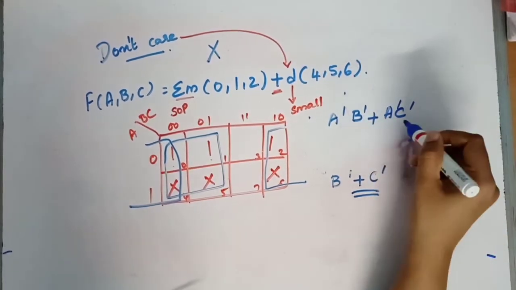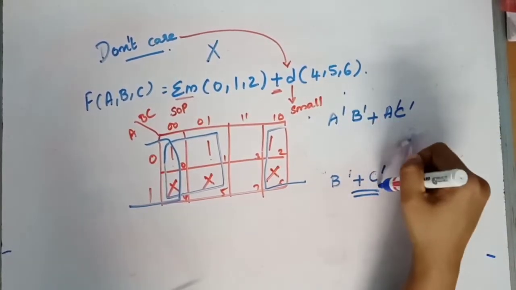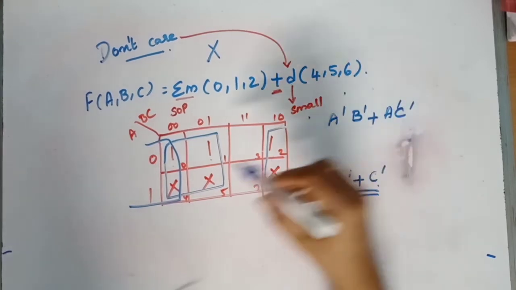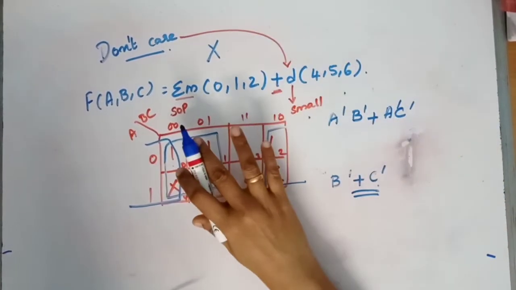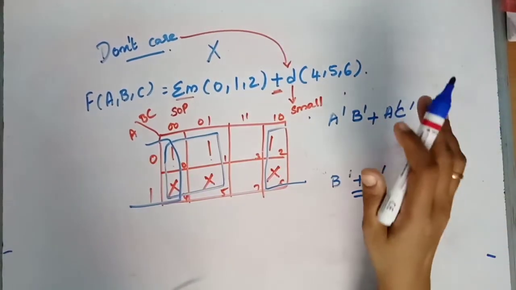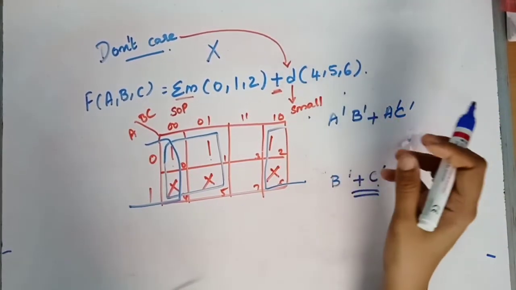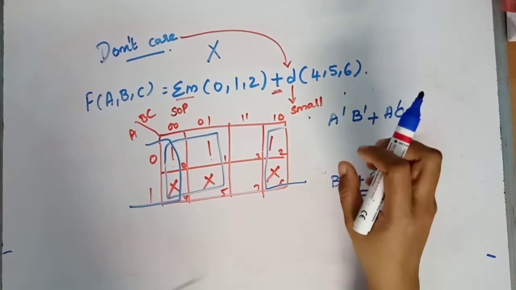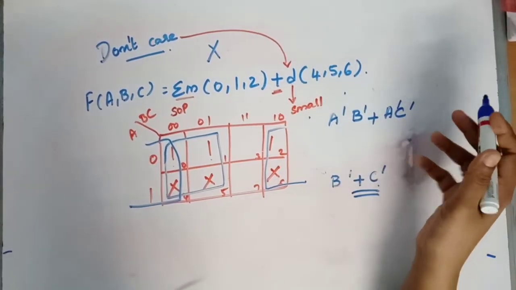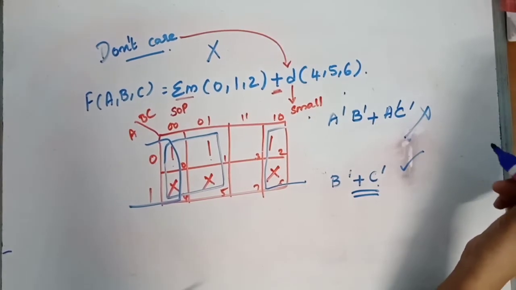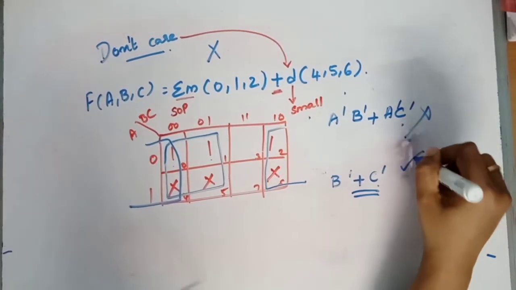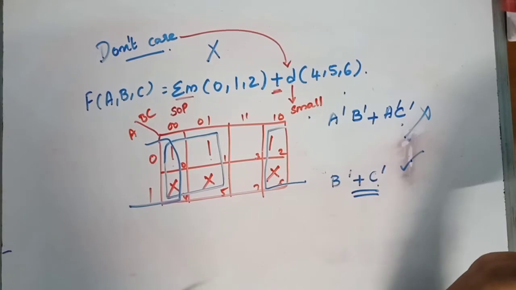Here we needed more gates, here we need less gates. So when you have don't cares, you can group it with the ones in order to make the expression simpler by making the number of elements in a particular group larger. So this is wrong and this is the correct answer. Okay, you cannot write like this, you can write only like this if this is the question.